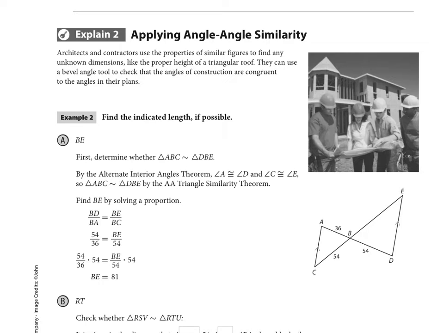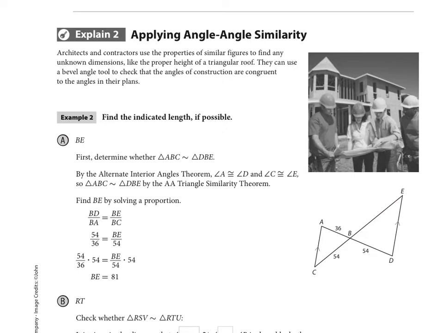So in example 2 here, we are applying the idea of angle-angle similarity, and we're trying to find missing side lengths or missing values of variables or whatever might be in the picture that we have in front of us. So if we look at example 2, we're being asked to find side BE, the length of side BE, which is missing from this diagram here, okay?